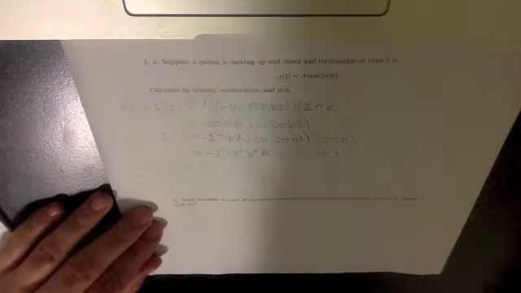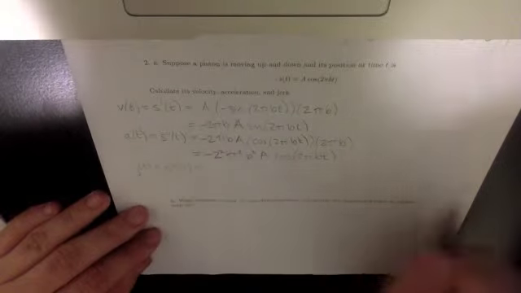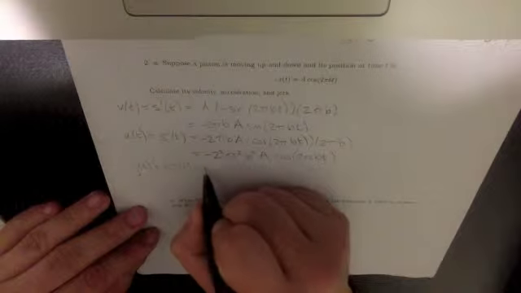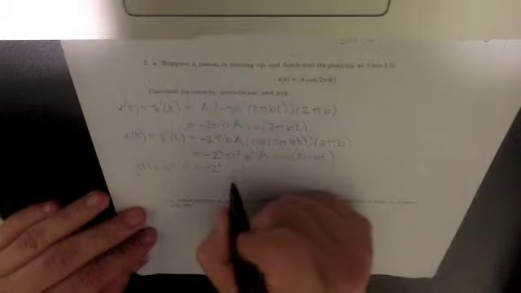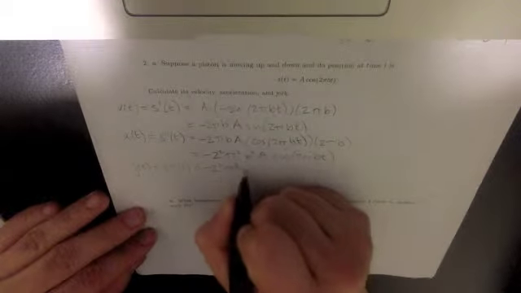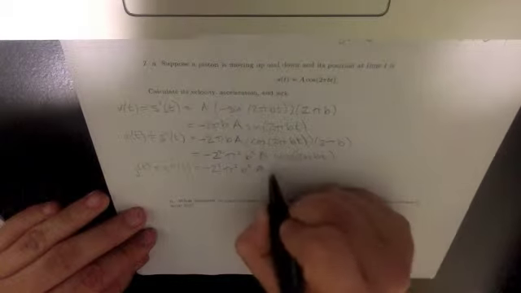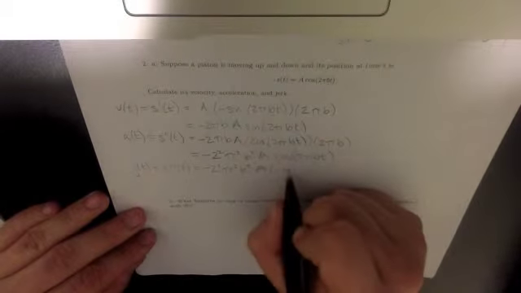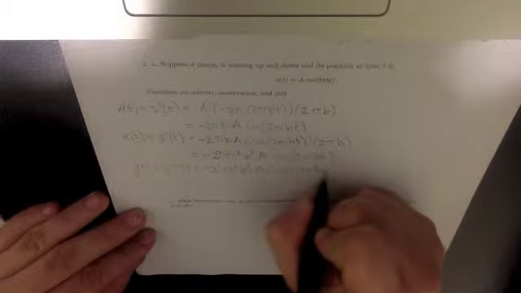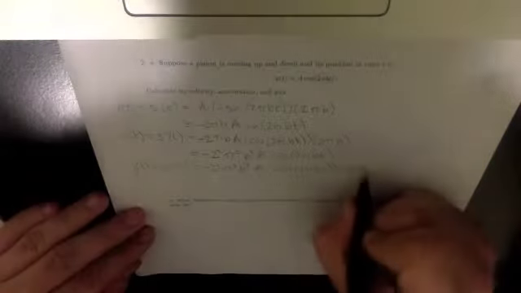Okay, finally, the jerk with respect to time is the third derivative of the position with respect to time. It's the derivative of acceleration, just like acceleration is the derivative of velocity. We go ahead and just differentiate the acceleration. This constant stays out front, negative 2 squared pi squared b squared A. The derivative of cosine is negative sine of 2 pi bt, and then we take the derivative of the function that's inside, which puts another 2 pi b out here.